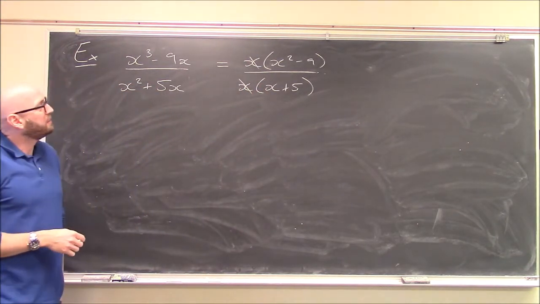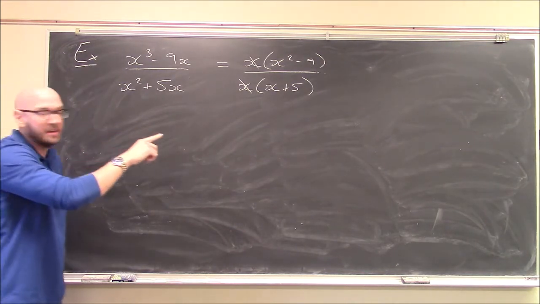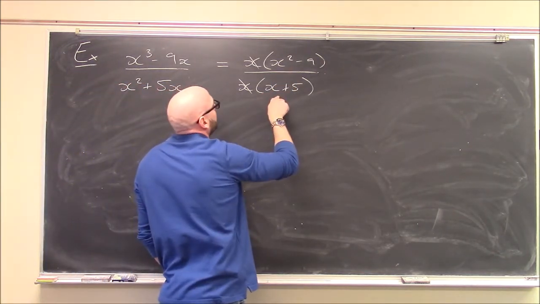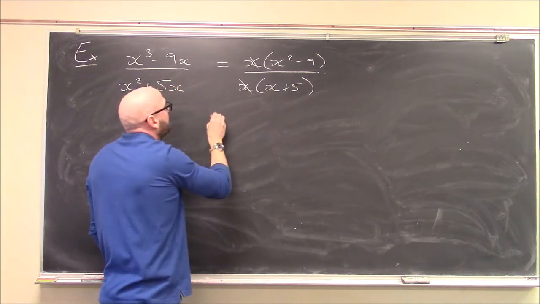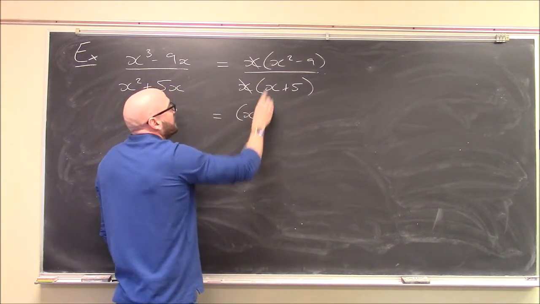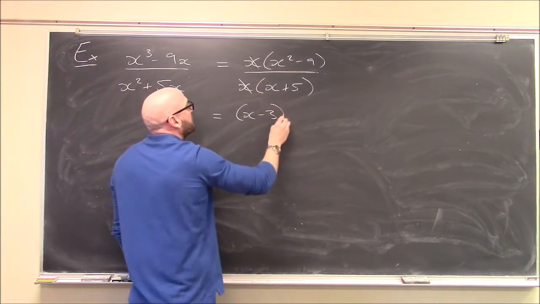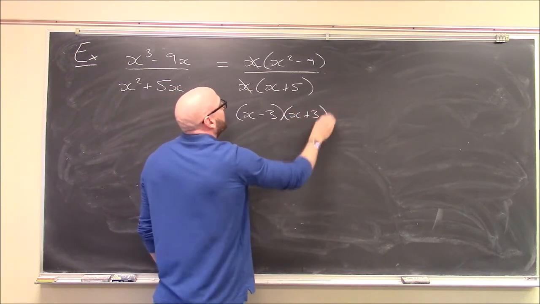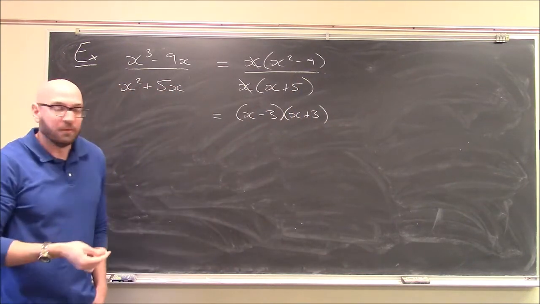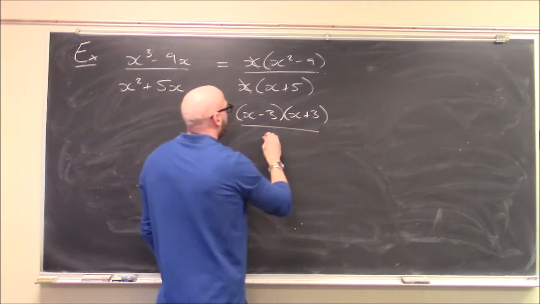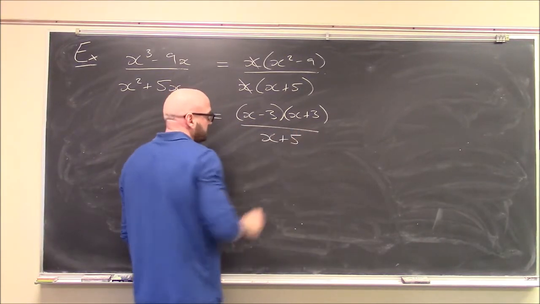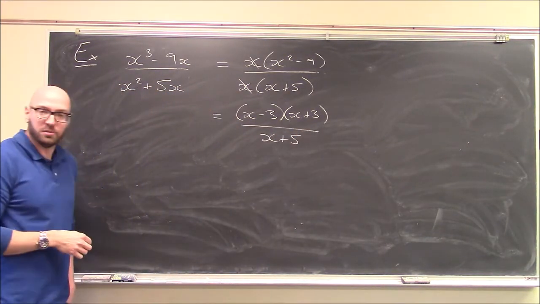I don't really need to fully factor the top anymore because nothing here is going to cancel with x plus 5, just because I can see what it's going to be. But if we continue on, it's going to be x minus 3 times x plus 3, because x squared minus 9 is a difference of 2 squares, over x plus 5. So nothing there cancels with x plus 5.